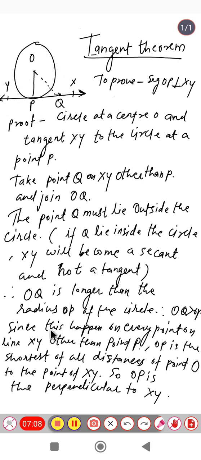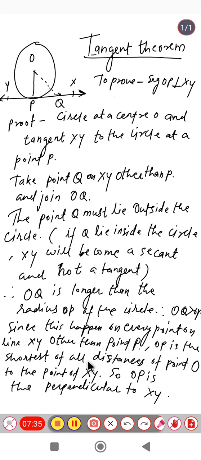So, as we say, this OQ is larger than the radius OP of the circle, so I write here OQ is greater than OP. Since this happens on every point on segment XY other than P, if we take another point as well, every segment is greater than the radius OP.